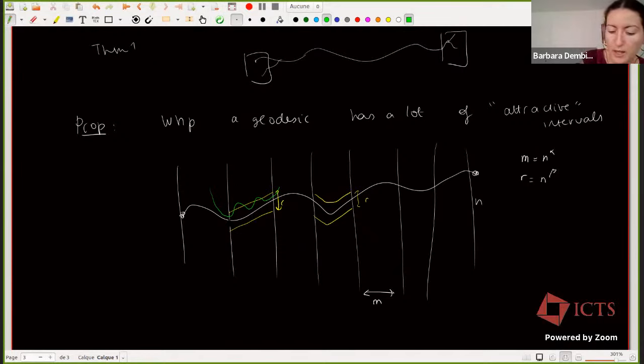Along an attractive interval, the time along the geodesic is so low that any path that comes close to it just wants to follow this path, because the cost it has to pay to make the connection, which is over r, is compensated by the gain from joining the geodesic.